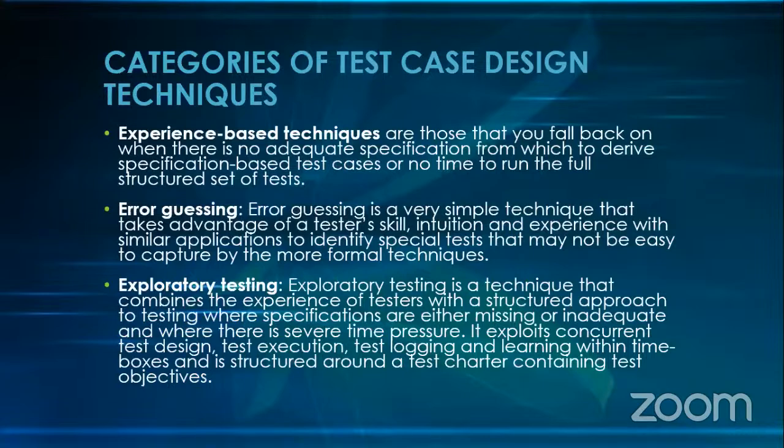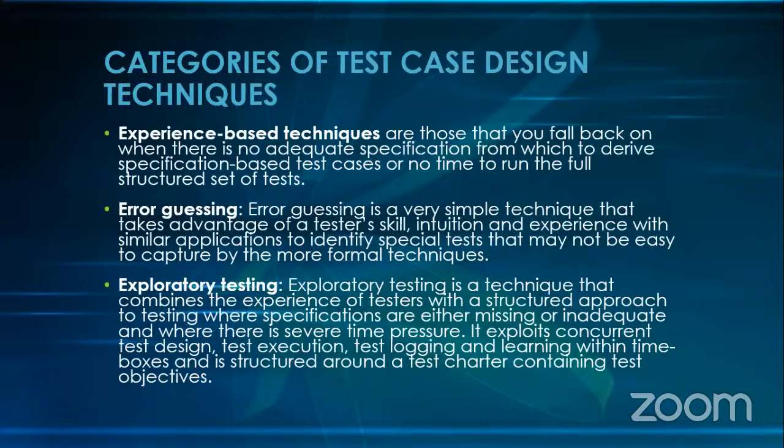And how is this third person out of the techniques that we have been looking at? This experience-based technique, the third one, has two ways that he always tries to achieve it. How does this person achieve it? He uses error guessing or he uses exploratory testing to achieve it.